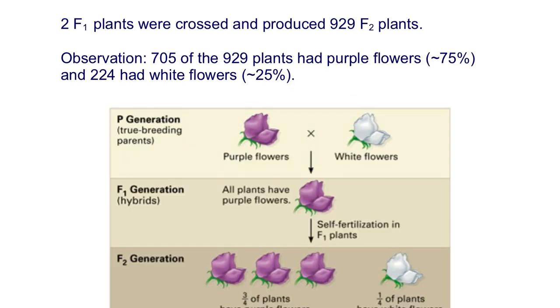Then he caused these flowers to self-fertilize. So he took the F1 generation, and these guys are not purebreds. They're called hybrids because they have a mixture of the purple and the white in them.